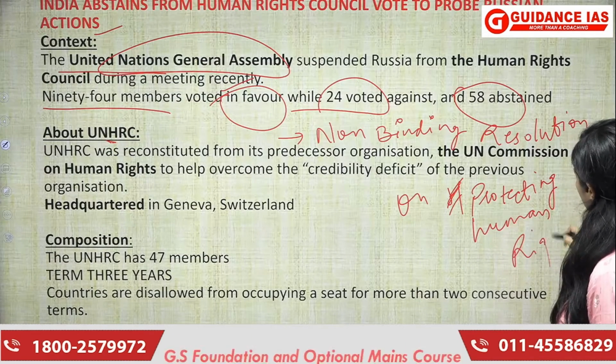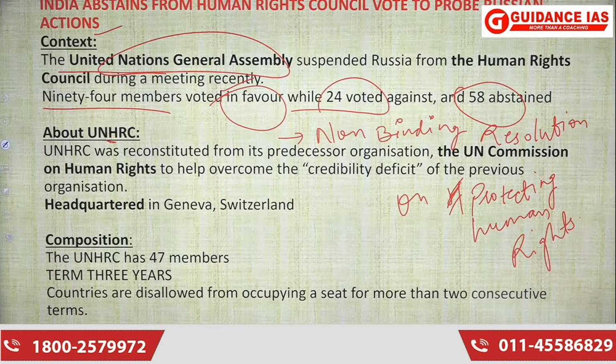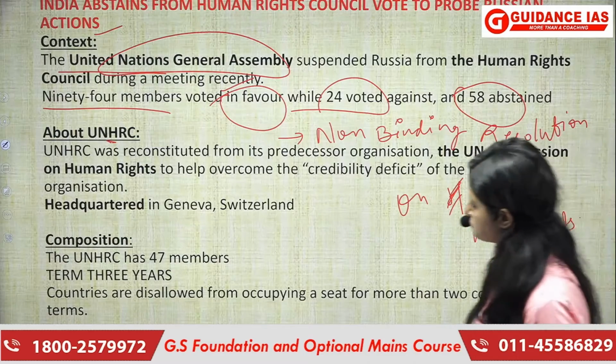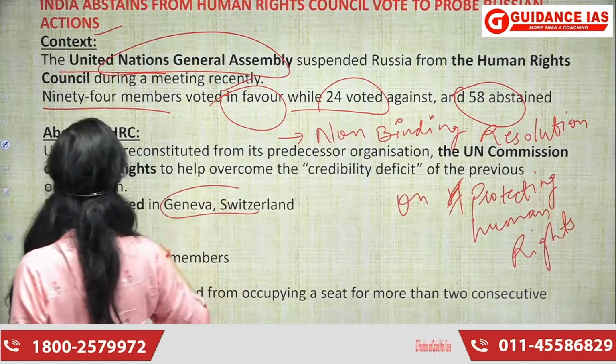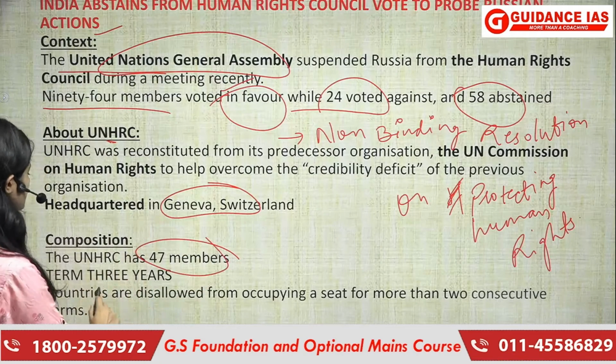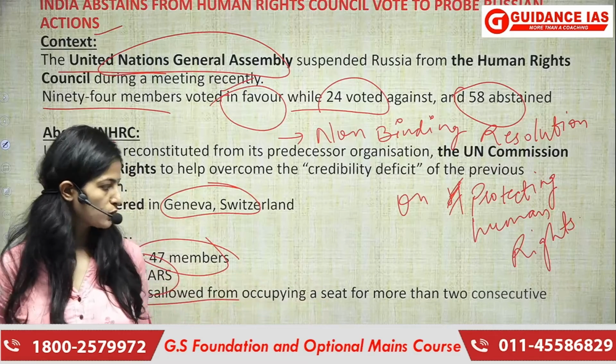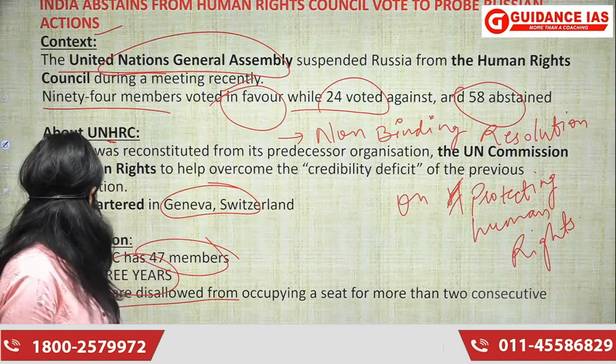To protect the human rights, this is the main agenda. The headquarters is in Geneva, Switzerland, and the composition is 47 members, and the term of the members would be 3 years, and the countries are disallowed from occupying a seat for more than 2 consecutive terms.